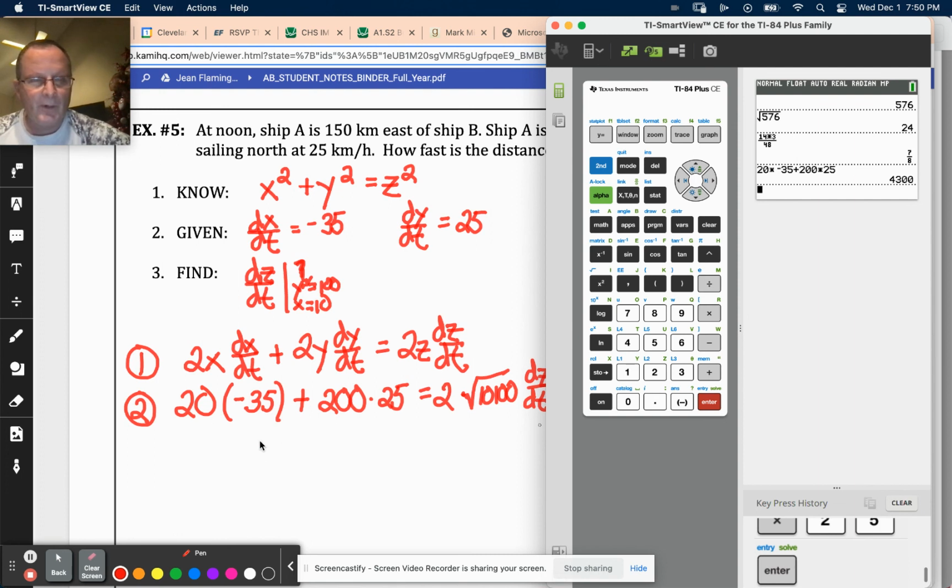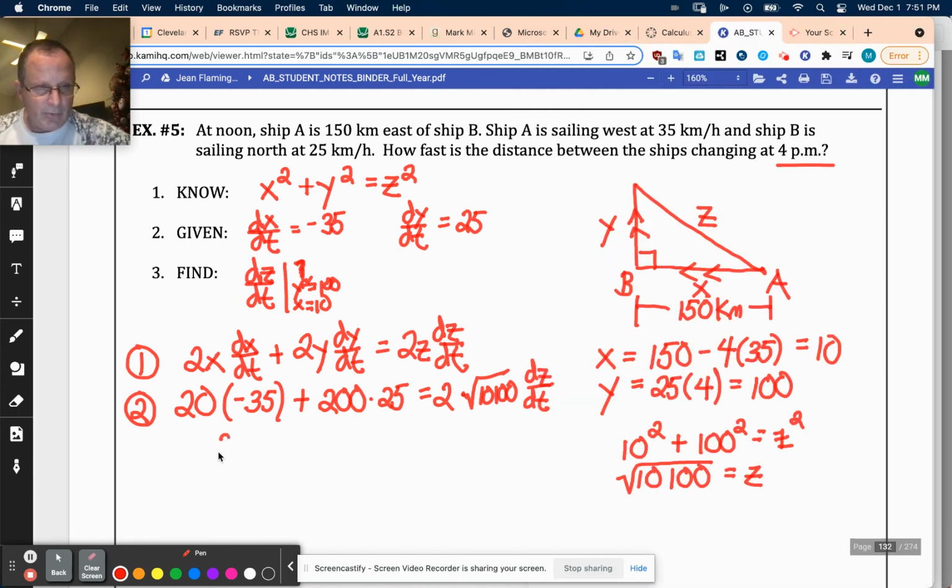All right, so this is 4,300. So divide that by 2, and you got 2,150. So my numerator is going to be 2,150, and I'm sure this square root simplifies, but I just don't want to do it. So it's going to be the square root of 10,100.